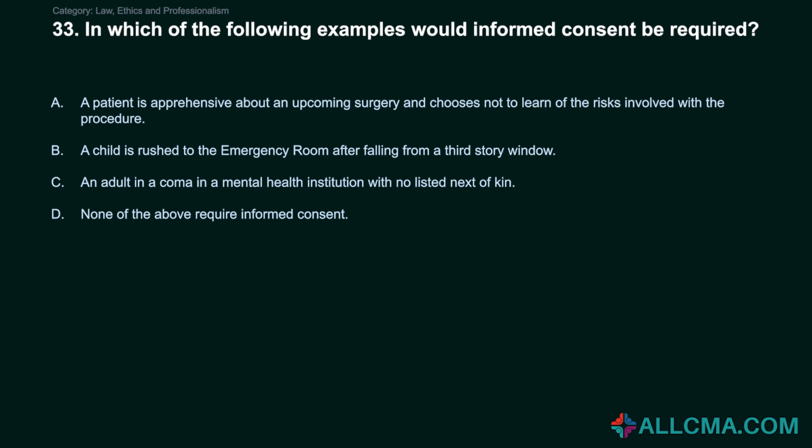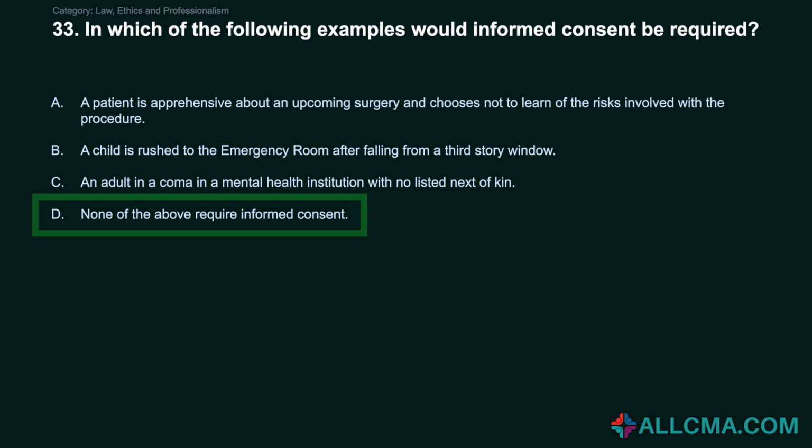33. In which of the following examples would informed consent be required? A. A patient is apprehensive about an upcoming surgery and chooses not to learn of the risks involved with the procedure. B. A child is rushed to the emergency room after falling from a third-story window. C. An adult in a coma in a mental health institution with no listed next of kin. D. None of the above require informed consent.